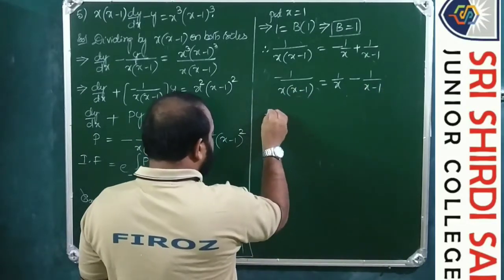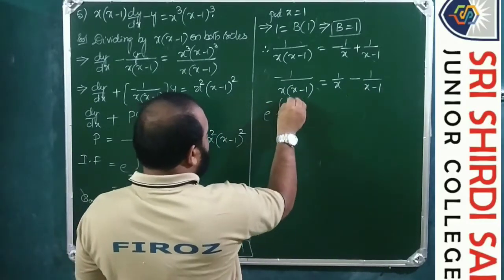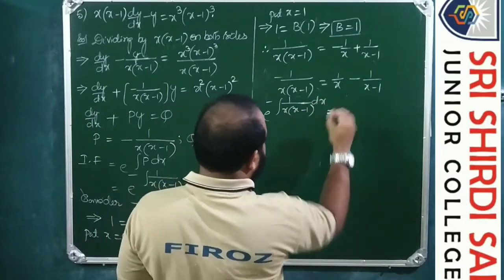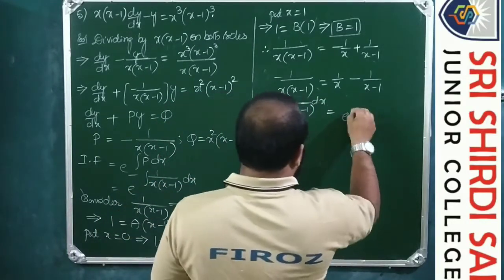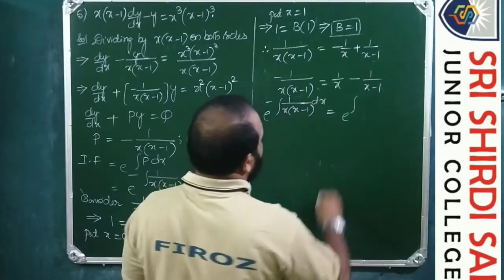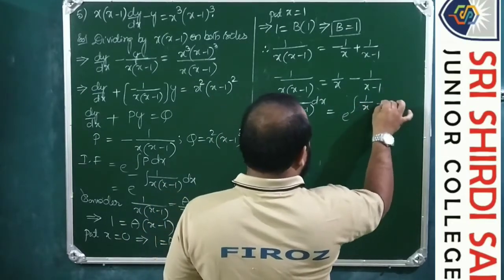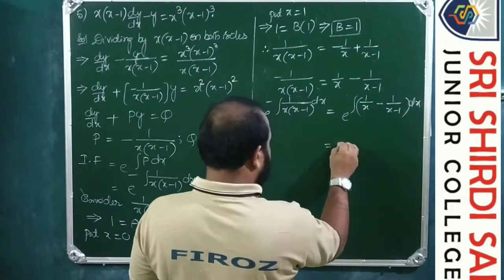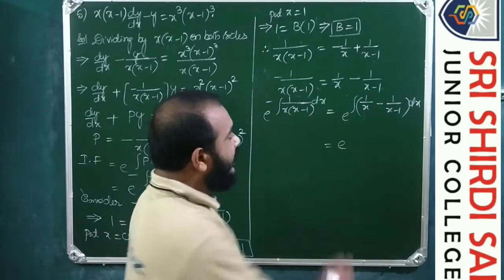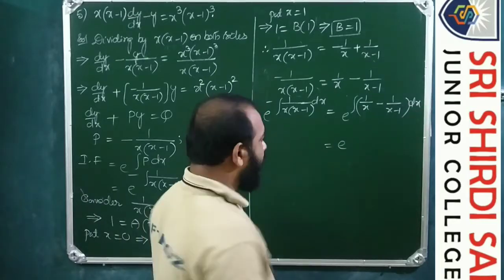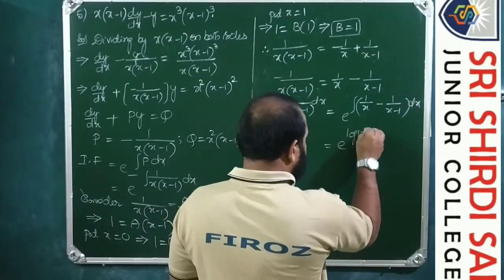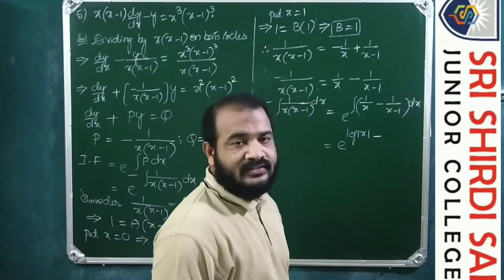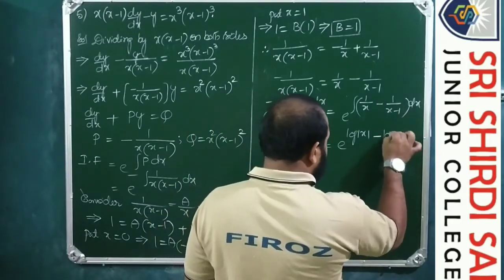Now e power integral minus 1 by x into x minus 1 dx is equals to e power integral 1 by x minus 1 by x minus 1 whole dx. So this is equals to e power integral 1 by x dx is log mod x, minus integral 1 by x minus 1 dx is log mod x minus 1.